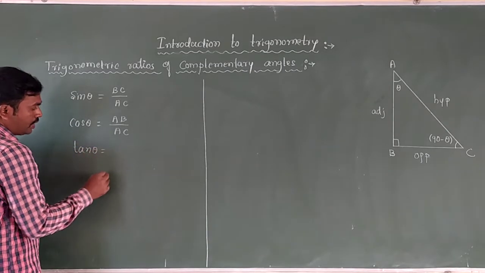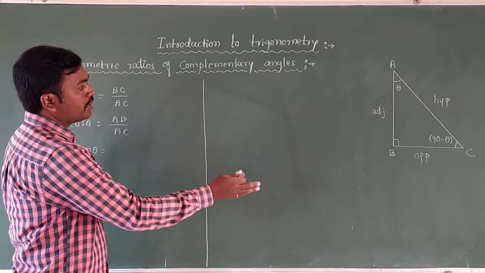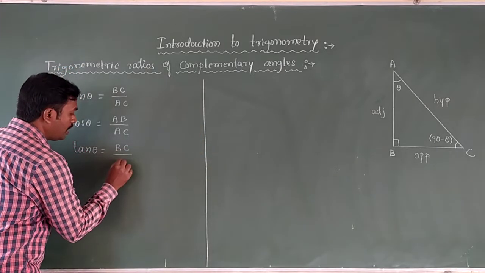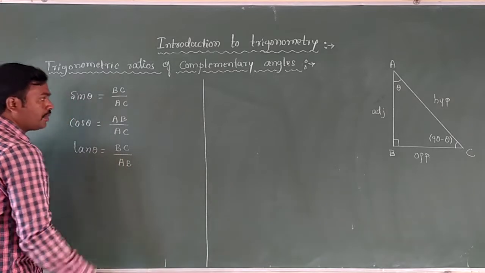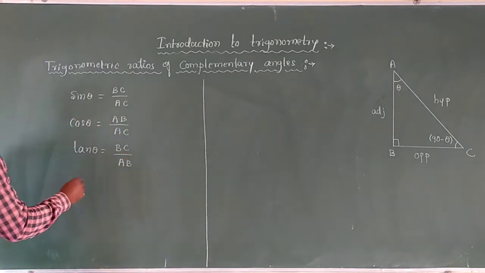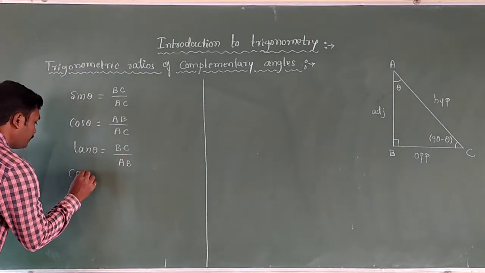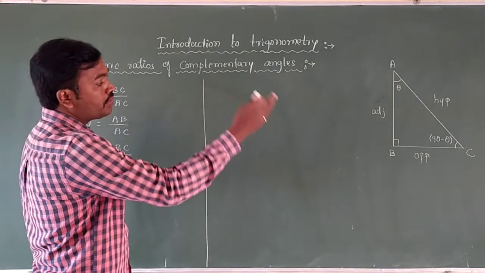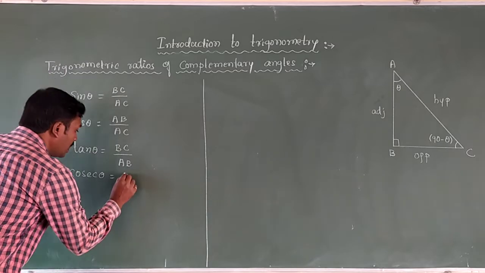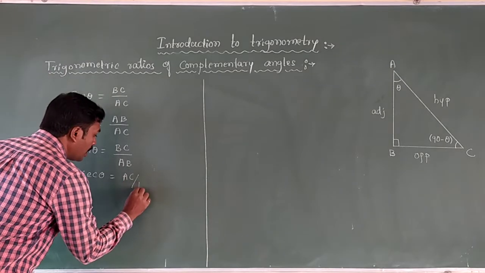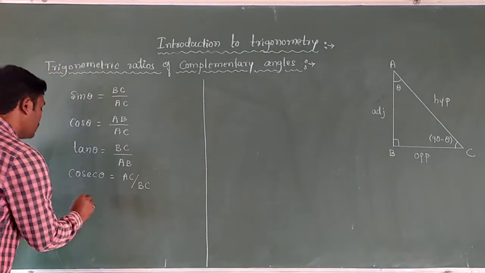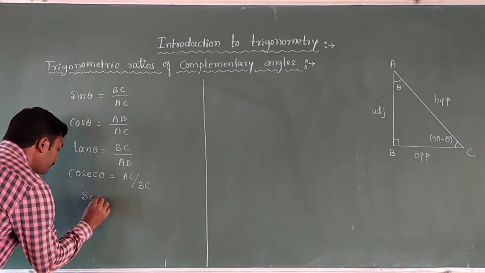So tan theta is what? You all know this one, children. Tan theta is opposite by adjacent, that is BC by AB. Next one is cosec theta. Cosec theta is hypotenuse divided by opposite, that is AC by BC. Next one is sec theta.